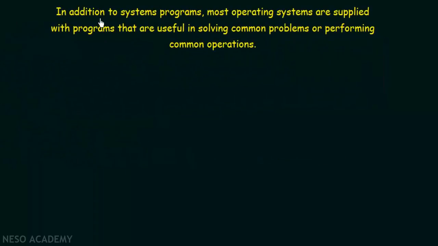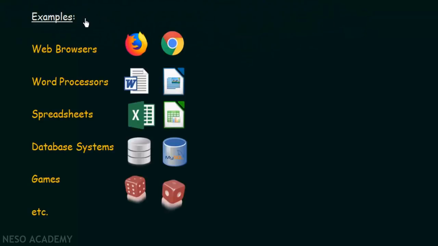As I told you, in addition to system programs, most operating systems are supplied with programs that are useful in solving common problems or performing common operations. Some examples of those are your web browsers. You have web browsers like Mozilla Firefox, Google Chrome and so on, which help you to browse the web.